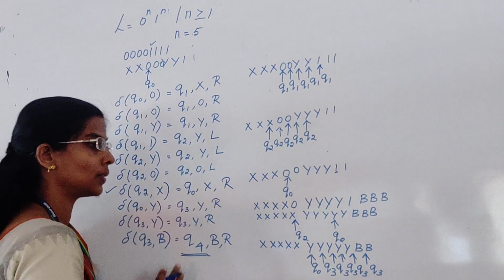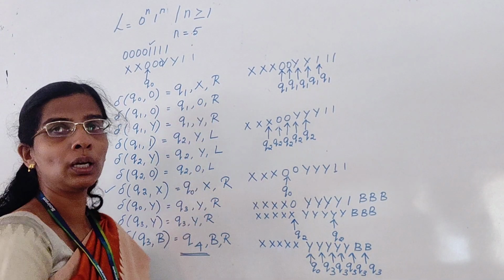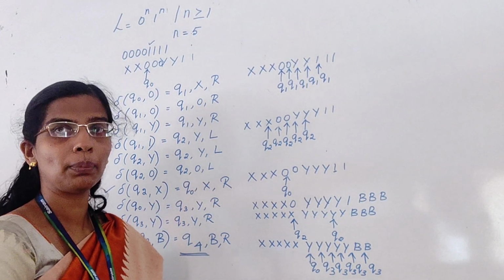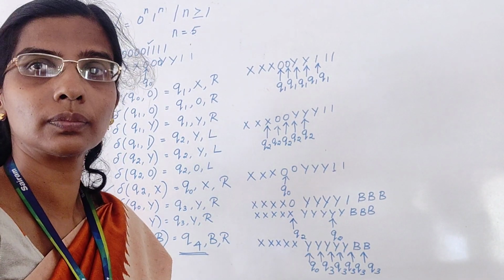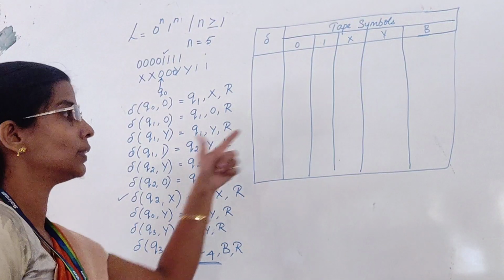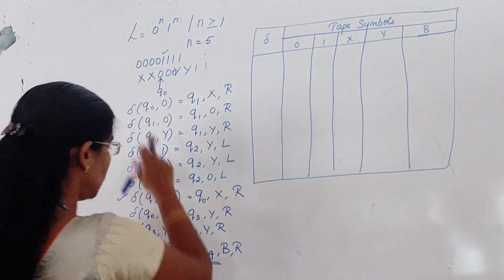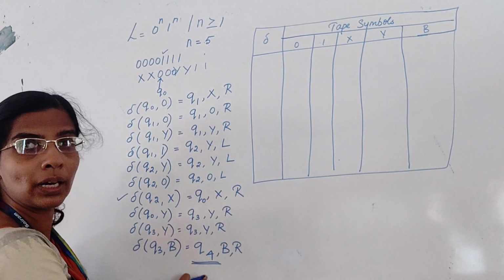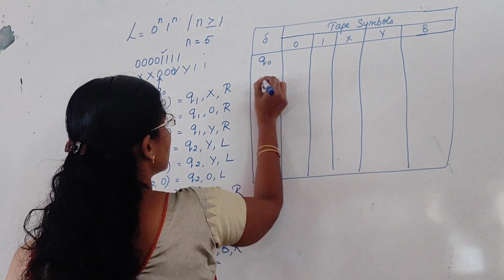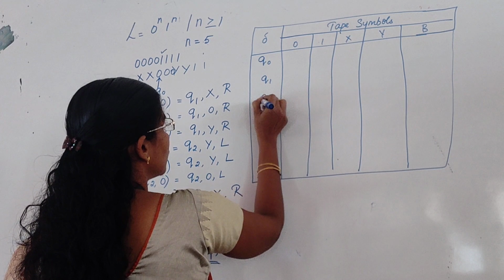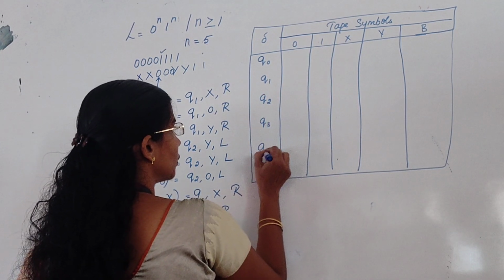Now these are the transitions of your Turing machine. For these transitions, you have to write your transition table and transition diagram. This is the transition table for your Turing machine. So totally how many states do we have? We have till Q4, so I'll write Q0, Q1, Q2, Q3 and Q4.